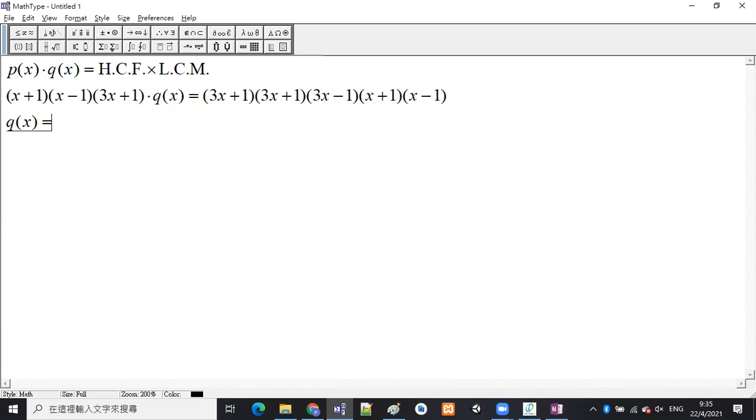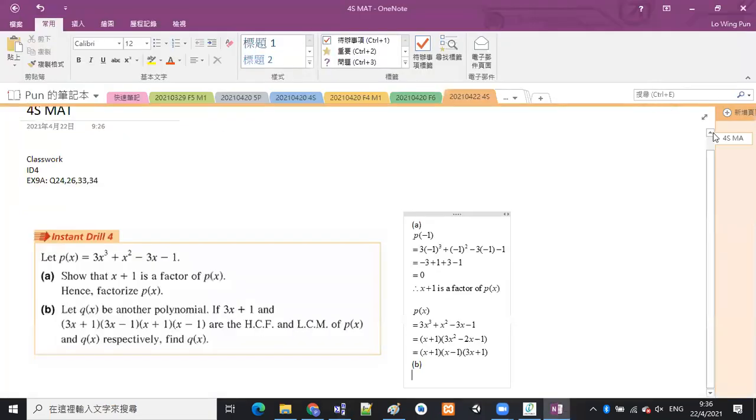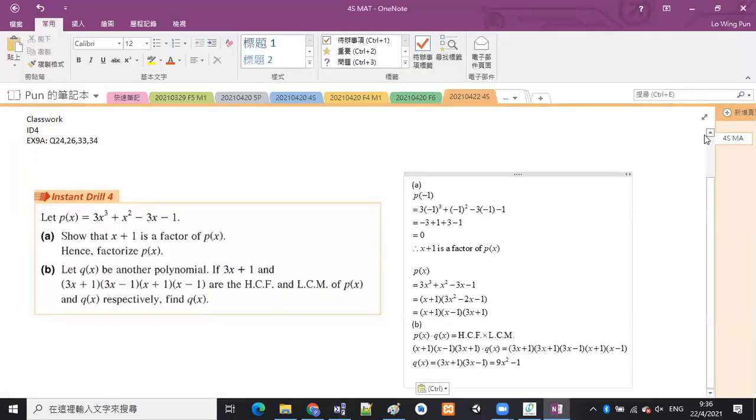What is remaining is (3x plus 1)(3x minus 1). That is our Q(x). You may expand the bracket or keep it in the factorized form. If you expand the bracket, it should be 9x squared minus 1, in the format of (a plus b)(a minus b), right? So that is the answer of Q(x) of part B.